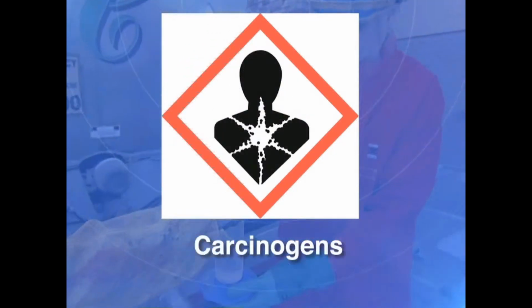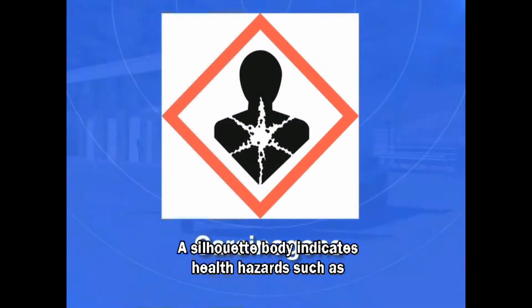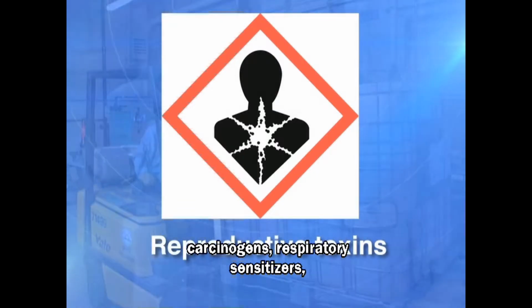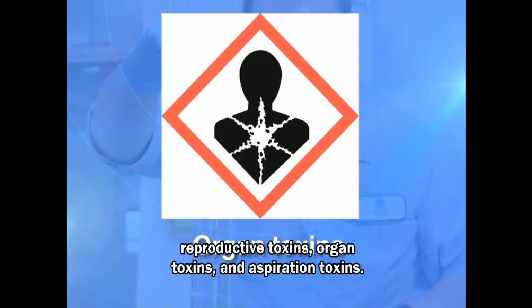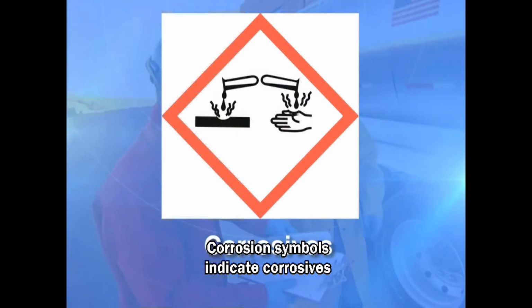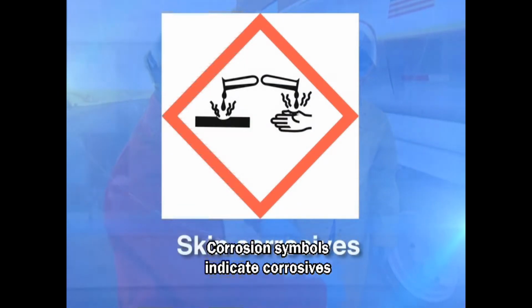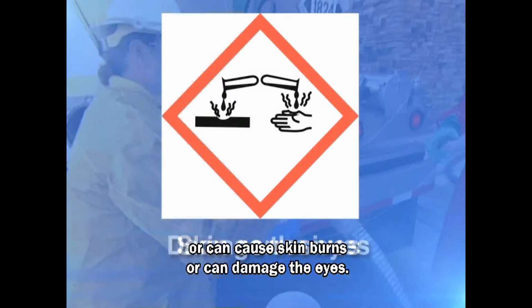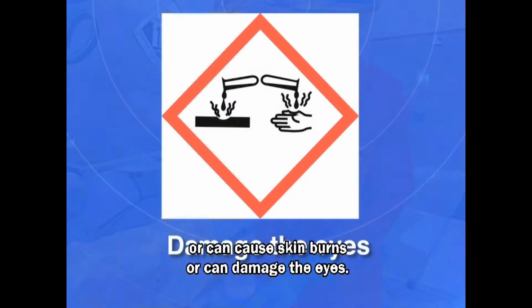A silhouette body indicates health hazards such as carcinogens, respiratory sensitizers, reproductive toxins, organ toxins, and aspiration toxins. Corrosion symbols indicate corrosives and substances that are skin corrosives or can cause skin burns or can damage the eyes.